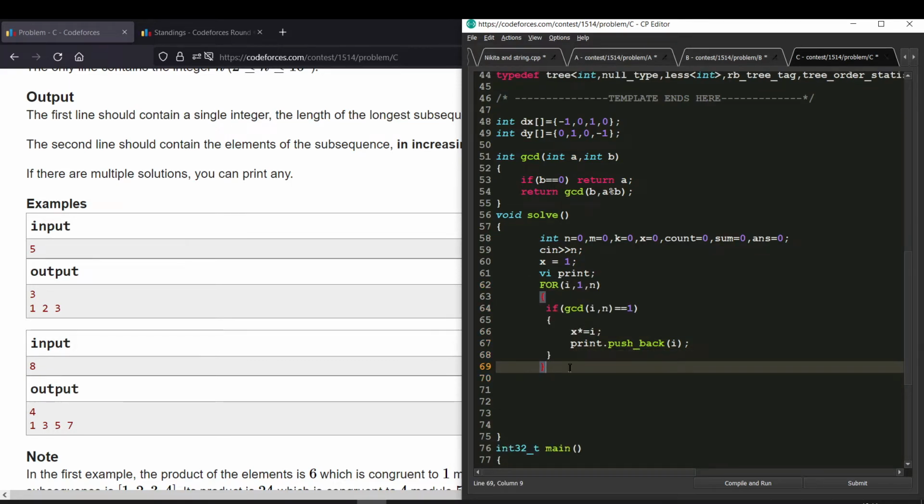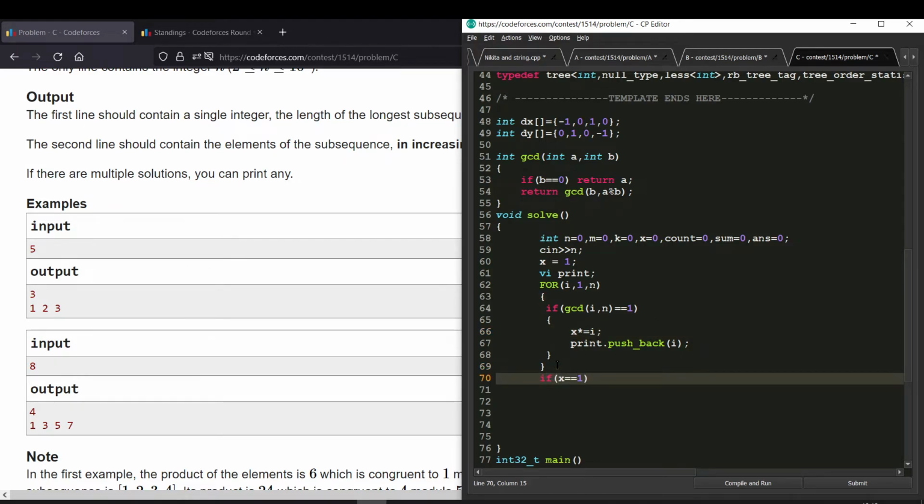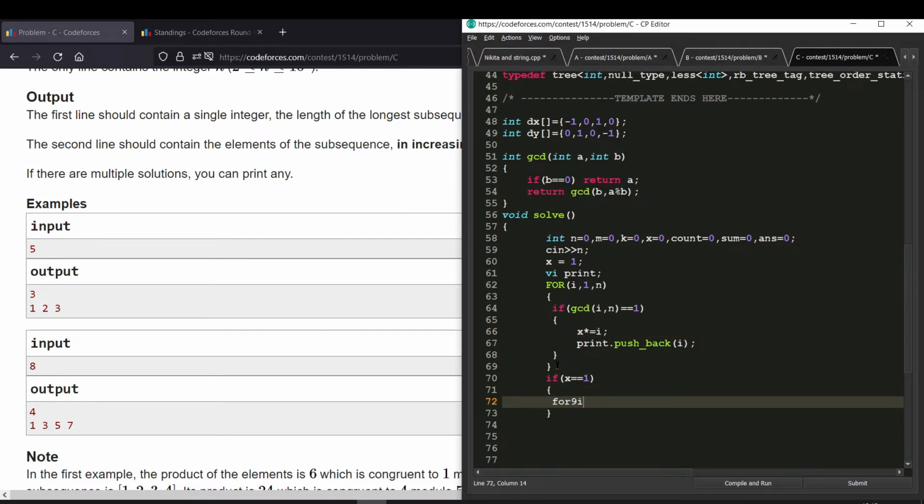Now the thing is, if x is 1, then I can print all these values all together, the numbers in this print vector, and then return.